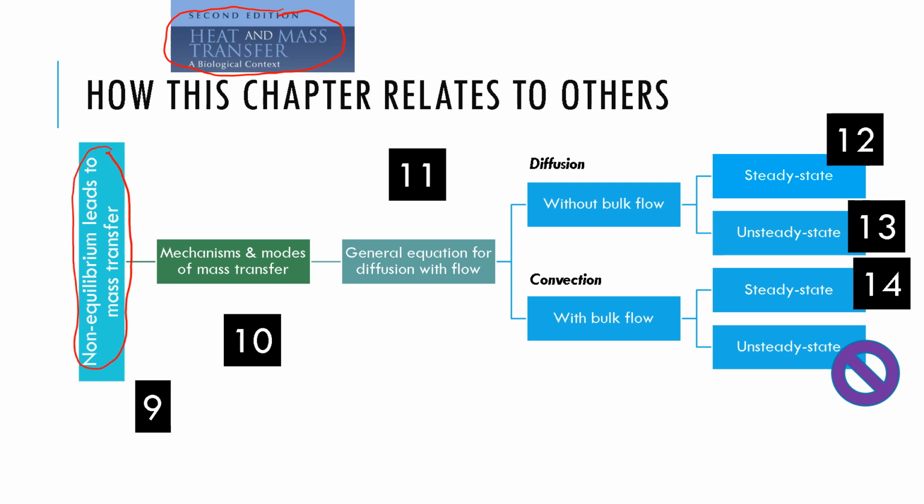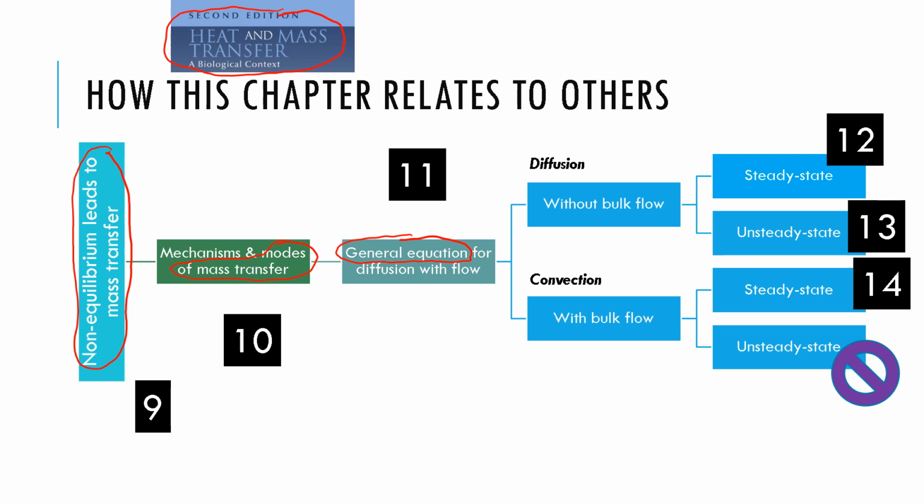And then chapter 10 had to do with the laws governing modes of mass transfer, like Fick's law. In 11, we combined those two to get the general equation. Now, we're going to solve the general equation for special cases.